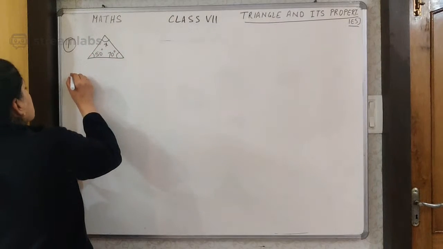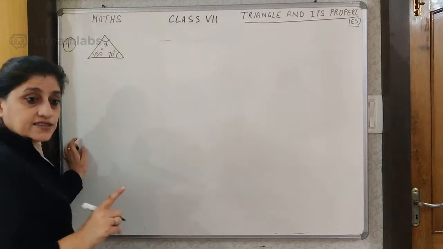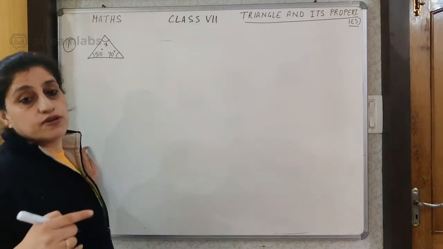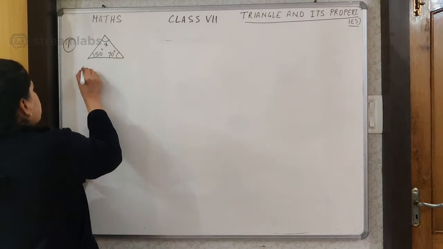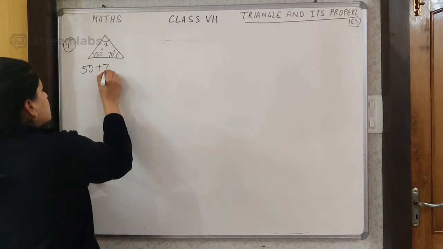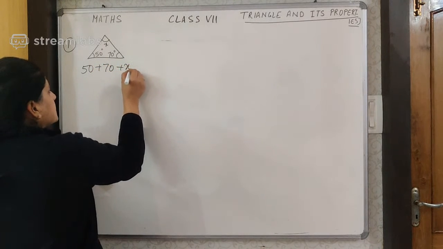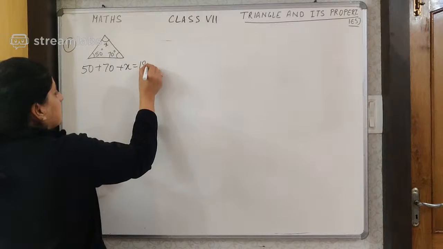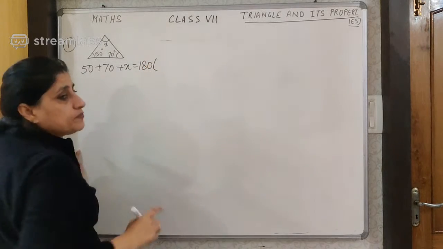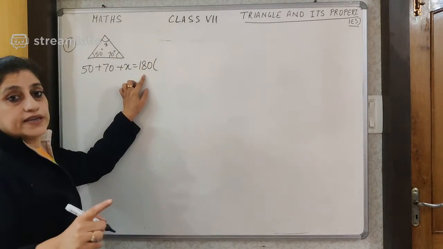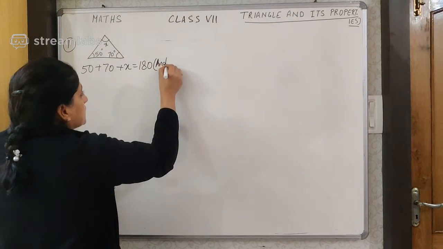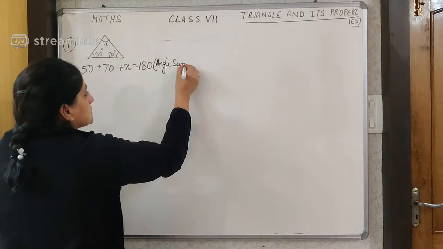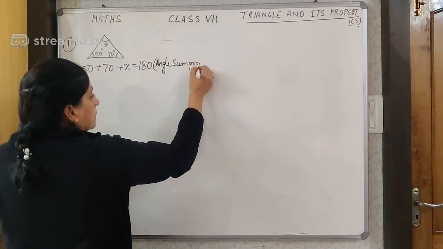So what we will do is, there are three angles and we know that the sum of these three angles should be equal to 180. So we'll write 50 plus 70 plus x is equal to 180. And very important, why we are taking it 180, we have to mention in the bracket, and we write over here angle sum property.